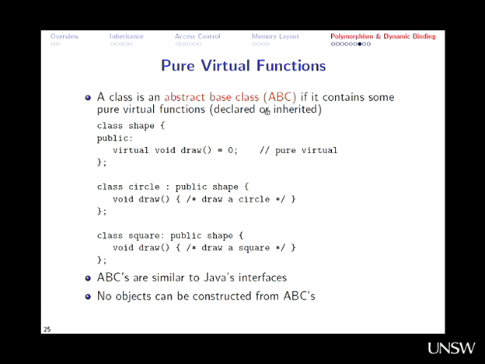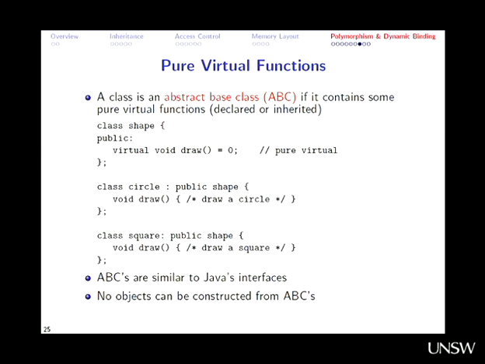It'll be declared or inherited. A strictly abstract class is a class where everything is a pure virtual function, okay? A pure virtual function is a function that's declared as virtual but not defined.